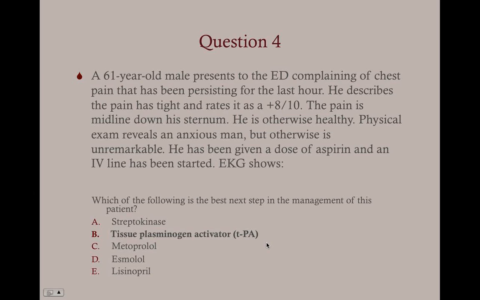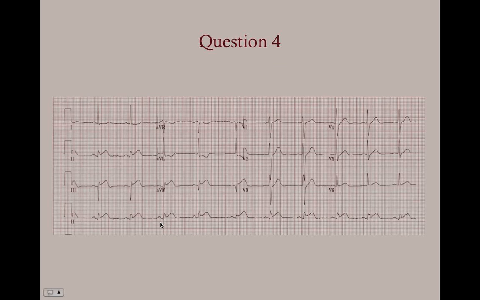That's our best choice for breaking the clot down. So remember that as far as using one of these clot busters, you're only going to use it in STEMI. You're not going to use it in non-STEMI. So it was very important when you looked at this EKG that you saw that this patient indeed has ST elevation MI and not non-ST elevation MI.